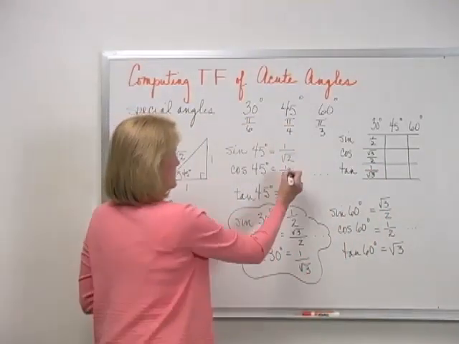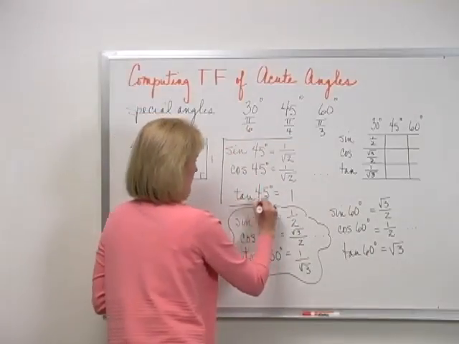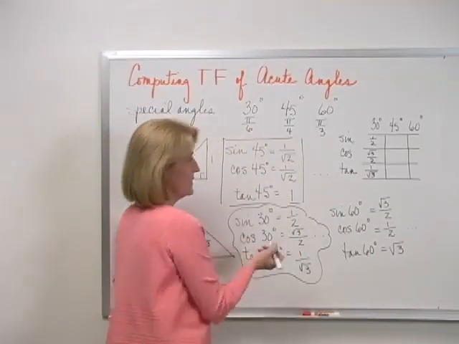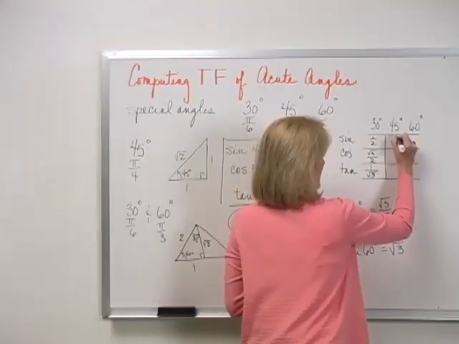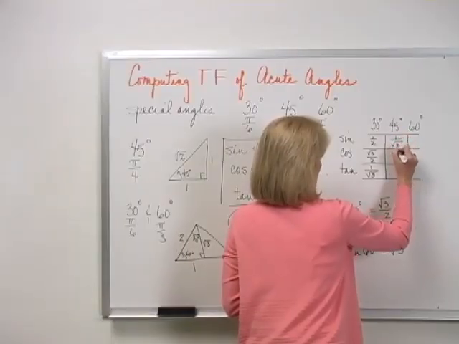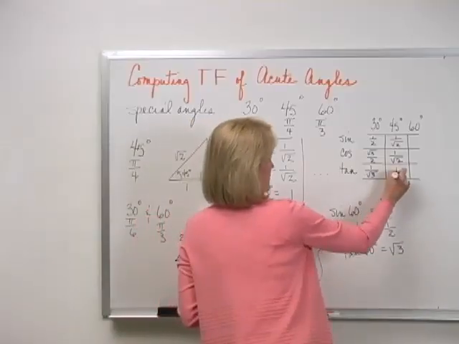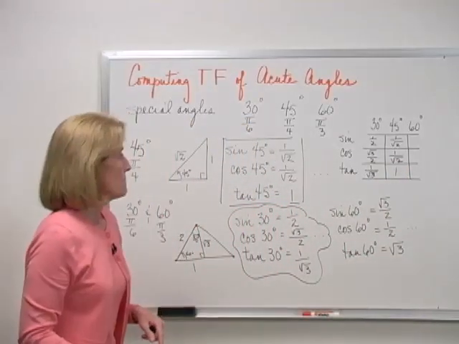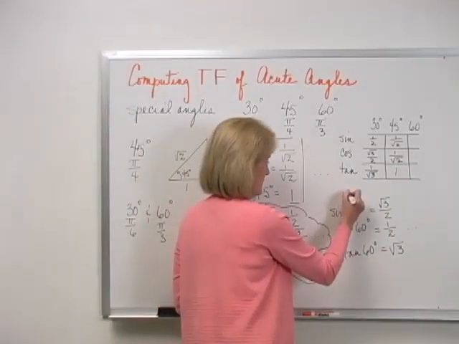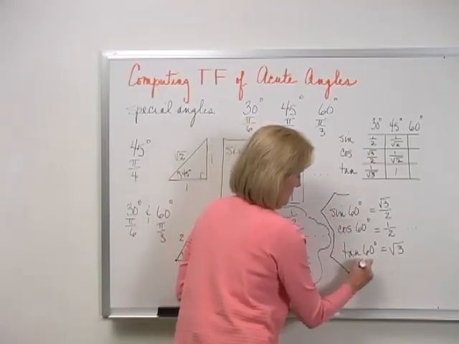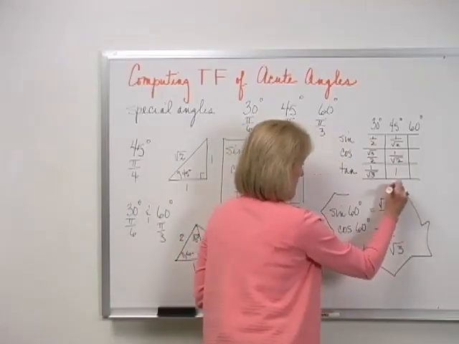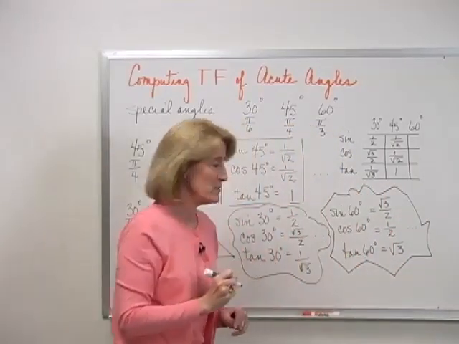Okay, next column would be these. Sine and cosine are the same. You see how easy this is to memorize? You just get comfortable with it. And then the tangent of 45 is 1. And then we have this last batch.